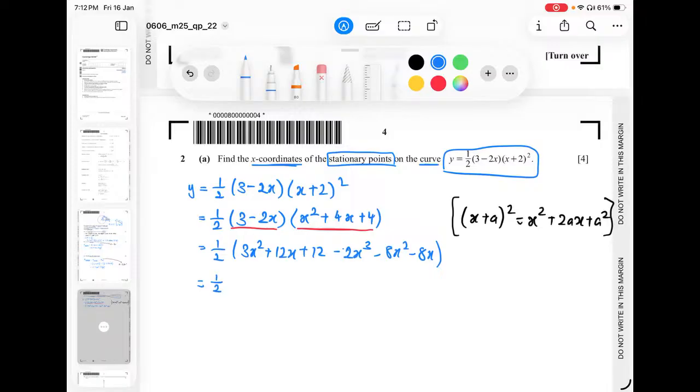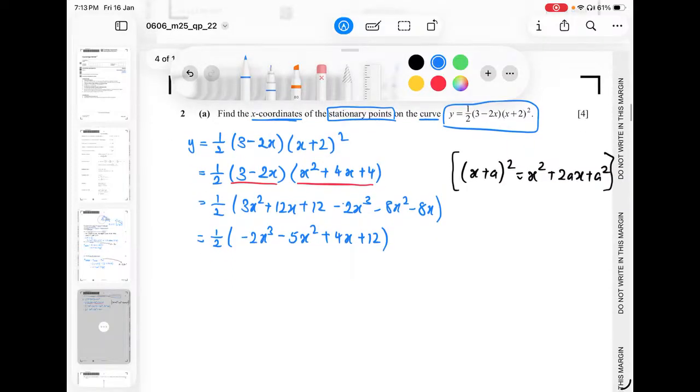From there, you just rearrange everything. You start with negative 2x cubed. 3 minus 8 would give you negative 5x squared. 12 minus 8 will give you 4x and plus 12. Now you expand the half. You will get negative x cubed, negative 5 by 2 x squared plus 2x plus 6.